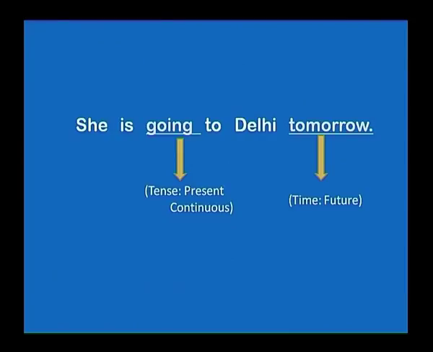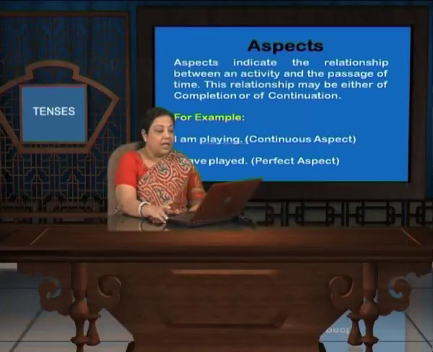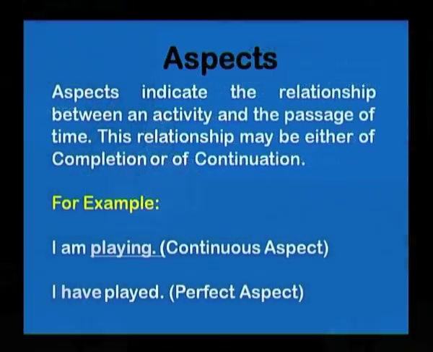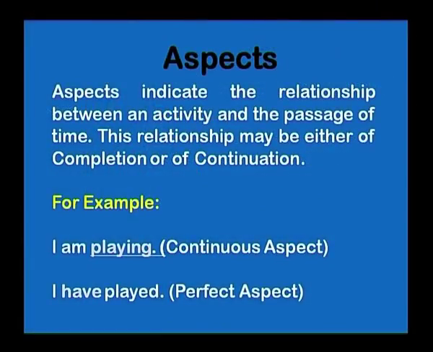Before we go to the kinds of tenses, we must cover a very important thing, aspects. Aspects indicate the relationship between an activity and the passage of time.